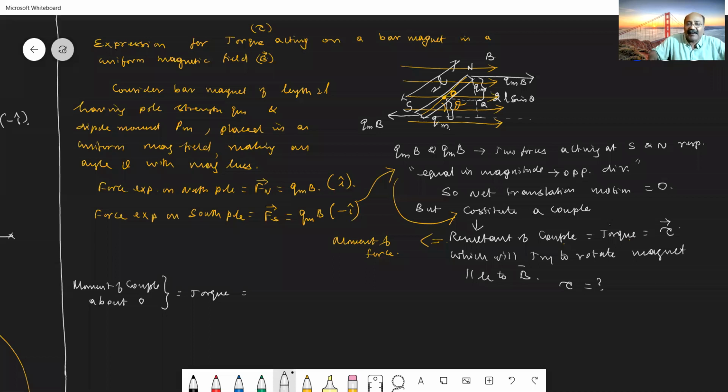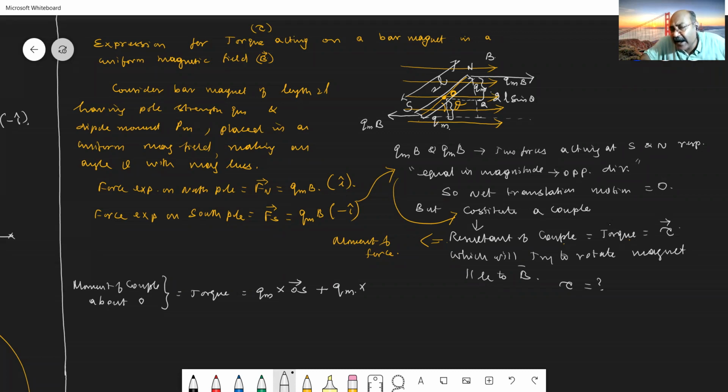So torque is equal to pole strength. Pole strength is considered to be QM into the perpendicular distance between O and S, that is the force, which we can write as OS vector, plus on the other side, QM into one of the forces at this end, QM into the perpendicular distance from N along this direction.